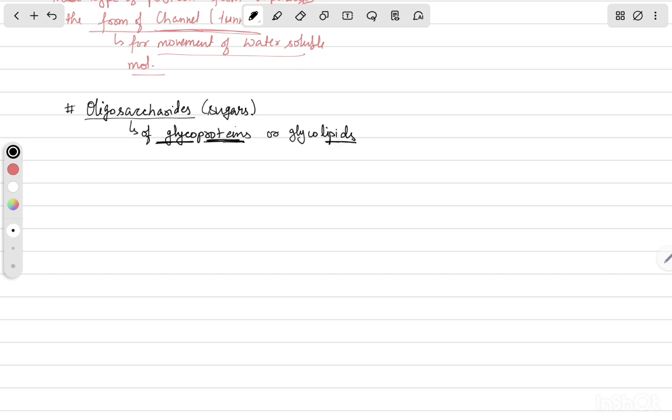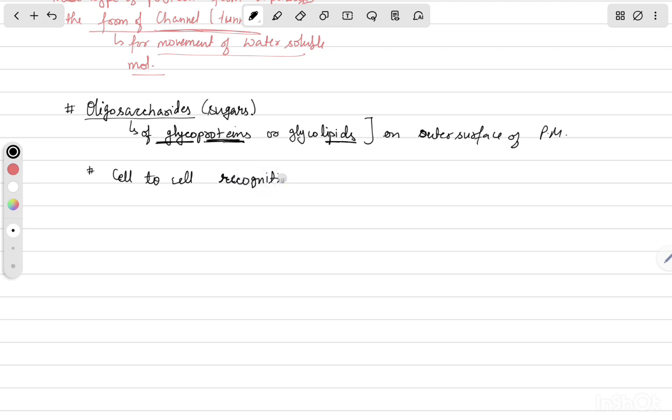It is present on the outer surface of plasma membrane. What is the function of these oligosaccharide particles? It is helpful in cell to cell recognition.